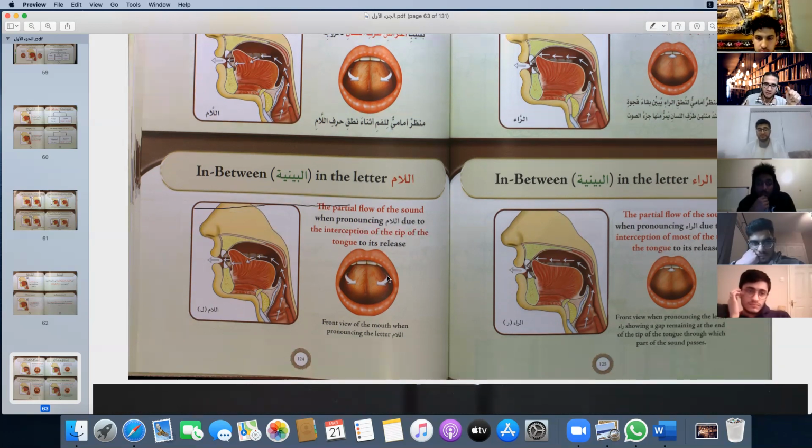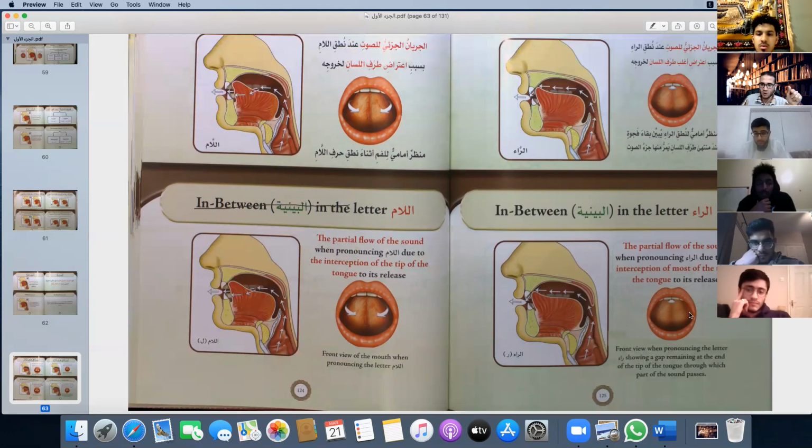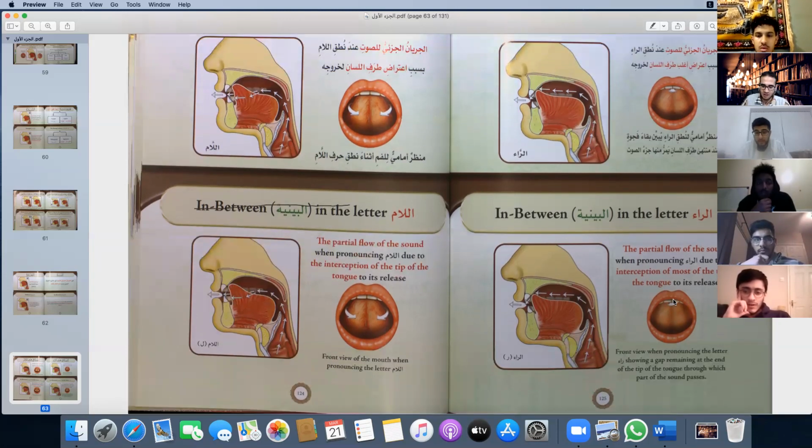Look at this. Look at those arrows here in lam. These arrows come from here in Ra. So I close those two parts, and I keep this part open. Do you see the picture properly? Yeah.